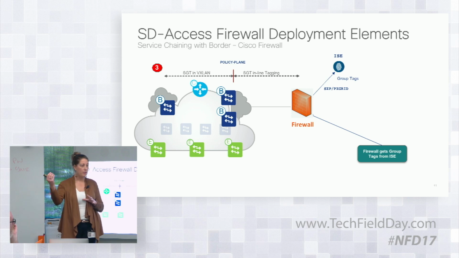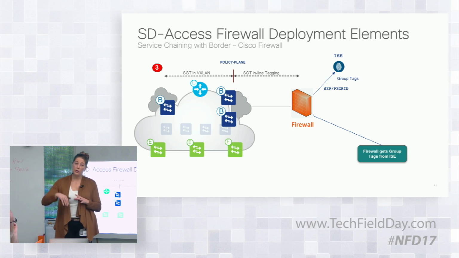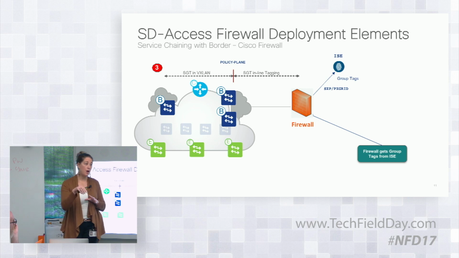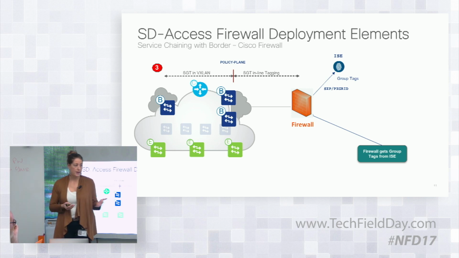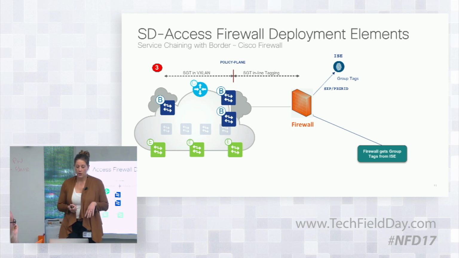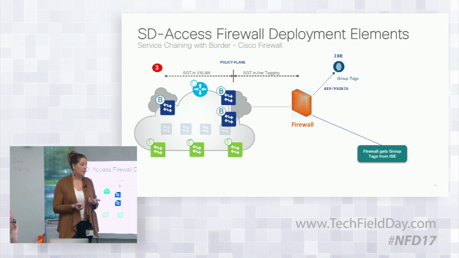We're obtaining all of those scalable groups from ISE. And then if we need to do group-based policy on our firewall, then we're going to be implementing SGFWs, which is basically your ACL on your firewall. Or we can still utilize that VRF, that segmentation, with the multiple contexts.